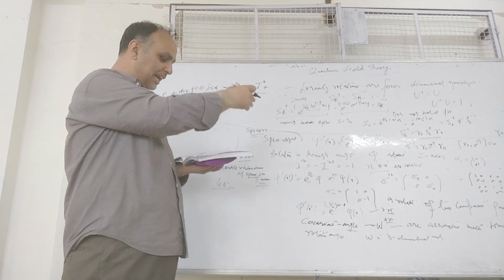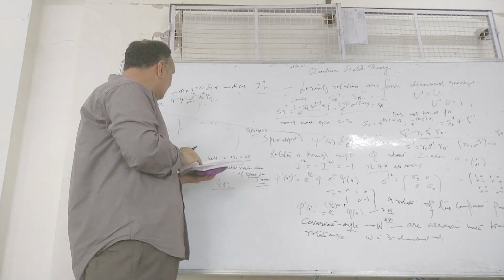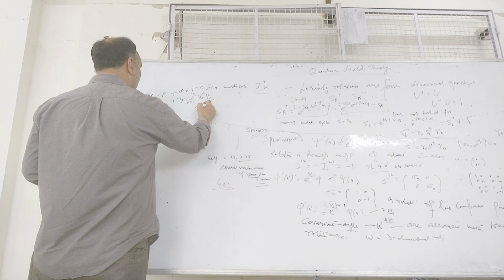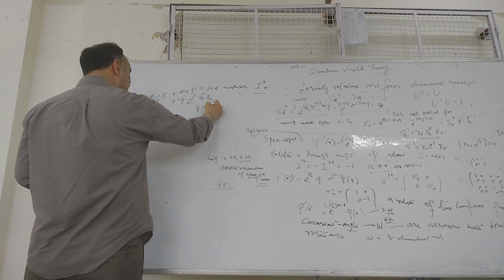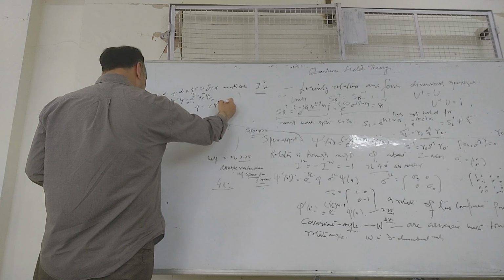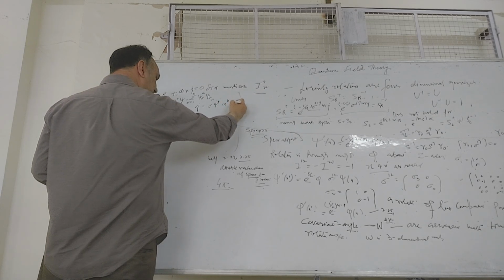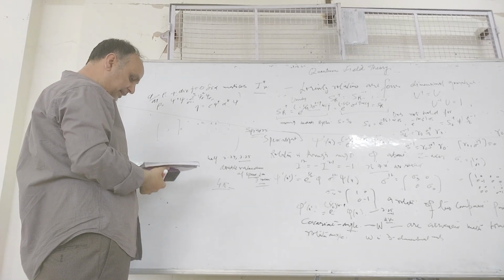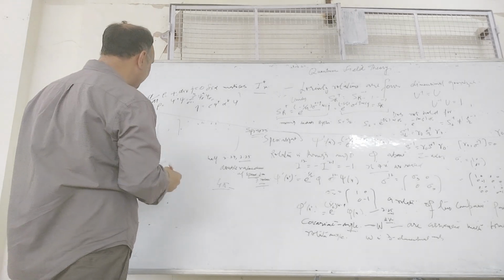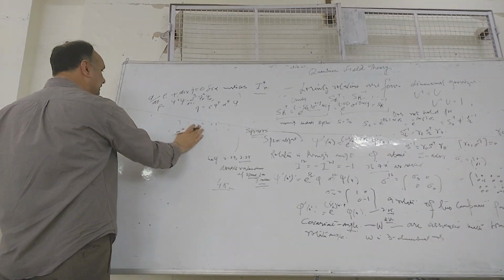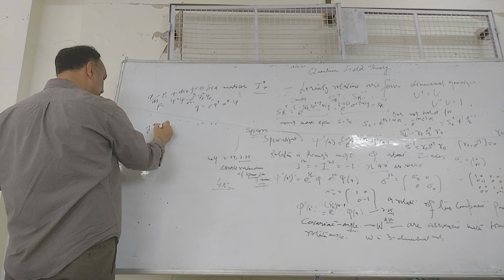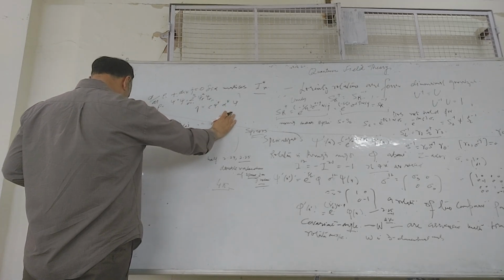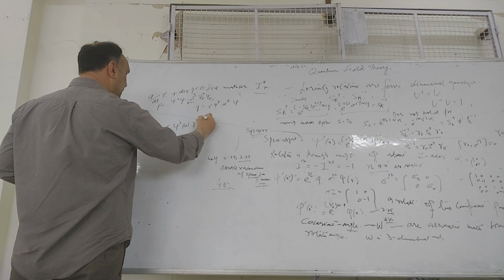If we use the algebra we did here, we can write this current density, which we denoted by J equal to c psi dagger alpha psi. Now we want to write the same thing in terms of probability current and current density. J can be written as psi dagger alpha psi of x, so alpha in terms of gamma is gamma 0 gamma.